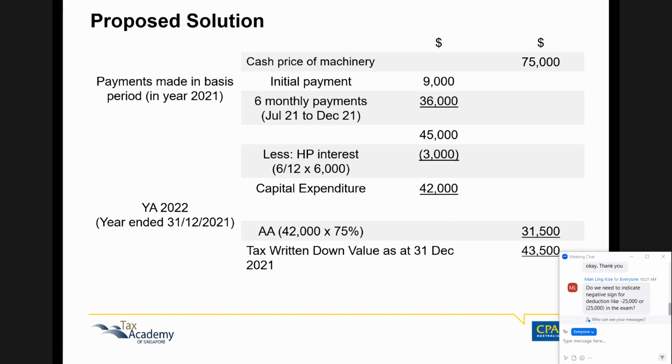That will be your sum towards the capital cost of the equipment, not anything on the interest. Then once you derive the capital expenditure, you apply the relevant CA section that you wish to claim. In this case, the accelerated 2-year claim is 75%.